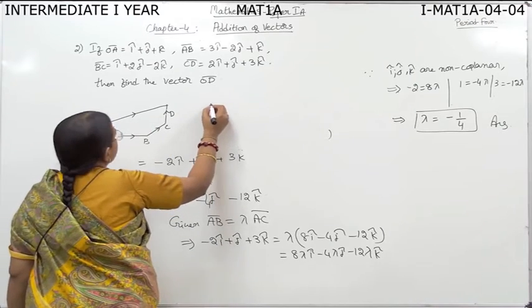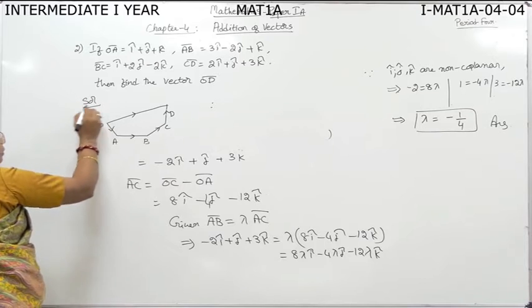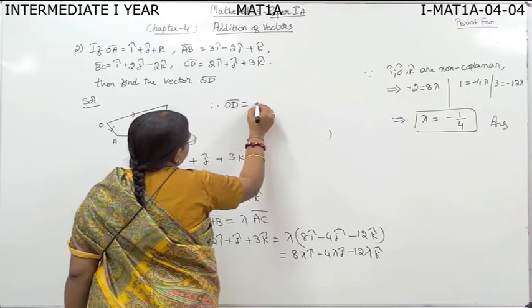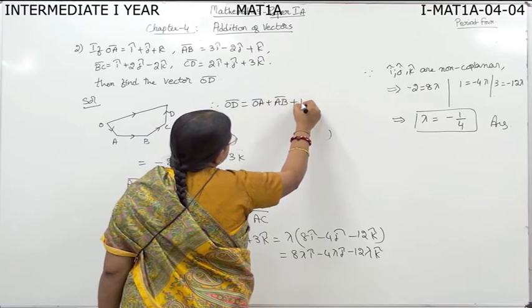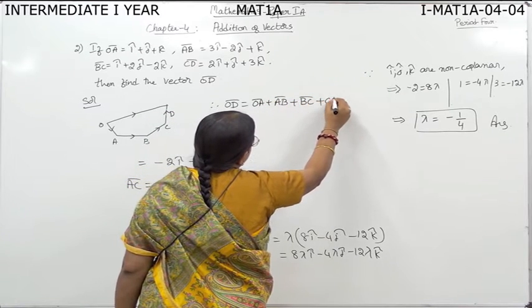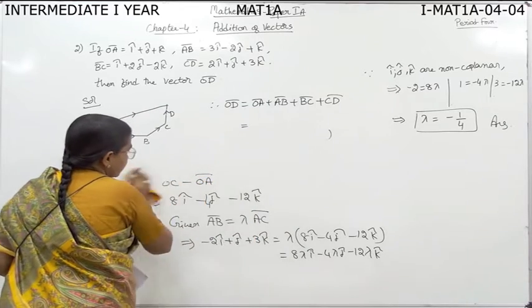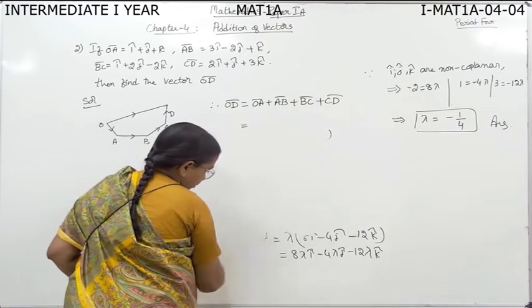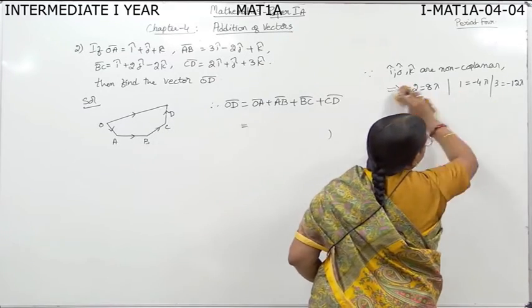So therefore we'll write the solution. OD is equal to OA plus AB plus BC plus CD. I can just add all the vectors and write the answer. It is very important for 2 marks. Even this problem is very important for 2 marks.